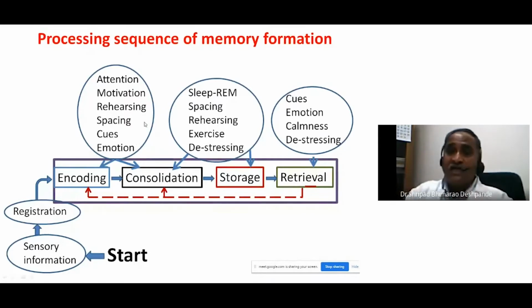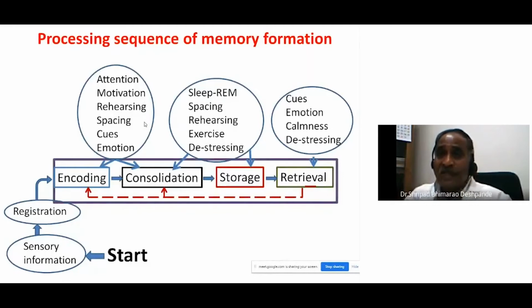Then we have a fifth component, cues. Try to associate a particular learning with some examples, mnemonics, or some other aspect. That is cues. When you do that, encoding and consolidation become much easier. You also associate emotions with the particular sensory information.